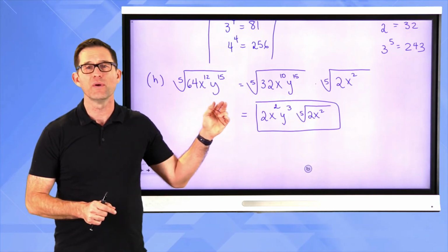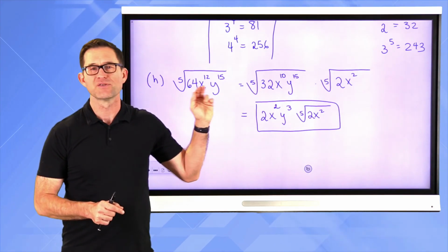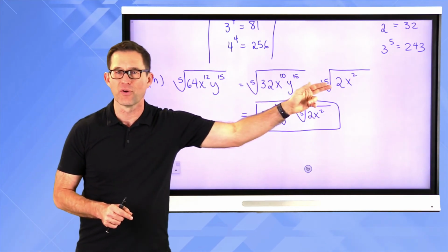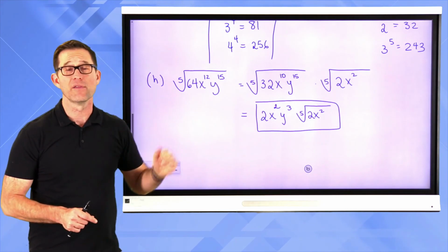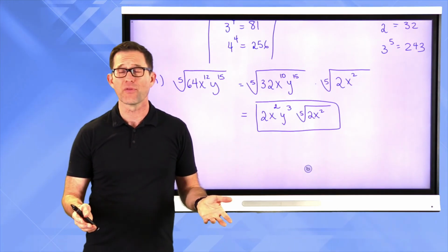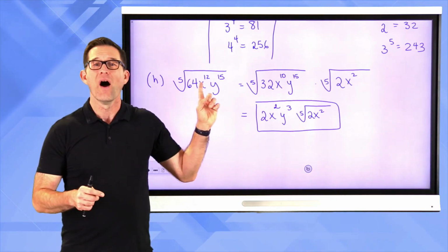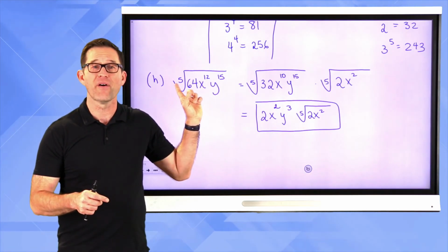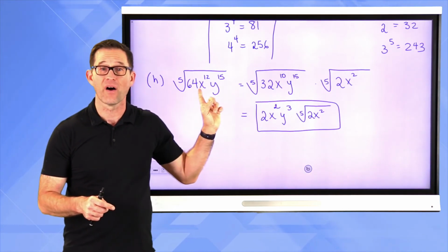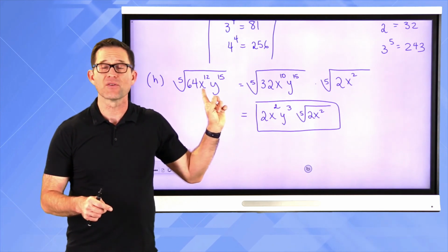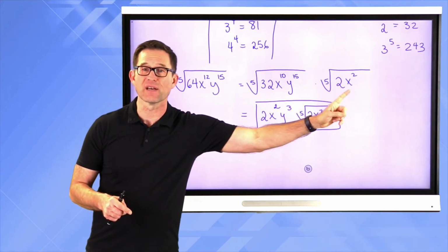So 32 is a perfect fifth power, so I break 64 into 32 times 2. Ironically, the variables are almost easier to deal with, right? Because they're all about divisibility, right? So I can't divide 12 by 5, but I can divide 10 by 5. So I break x to the 12th into x to the 10th times x squared.